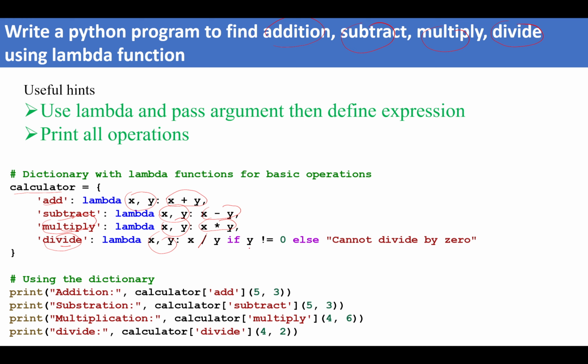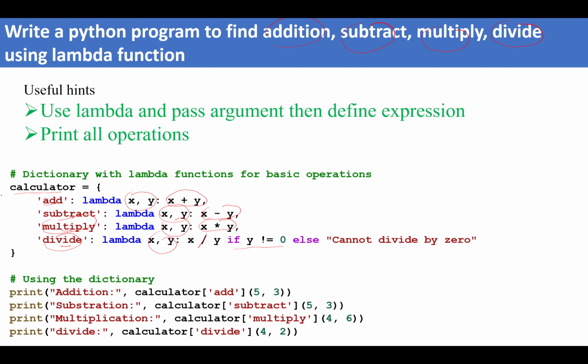But here I am using a condition to avoid an error. If y is not 0, then we go for the division. If y is 0, then we do not divide, and we say it cannot divide by 0; otherwise the value is infinity, x by 0.